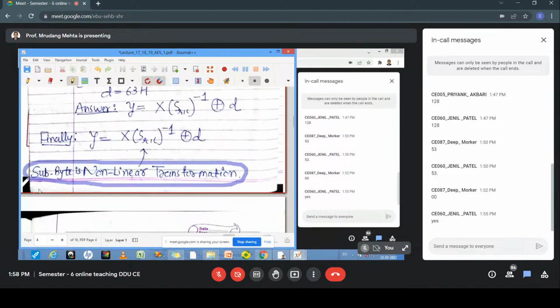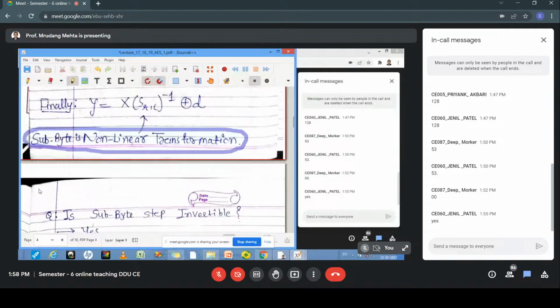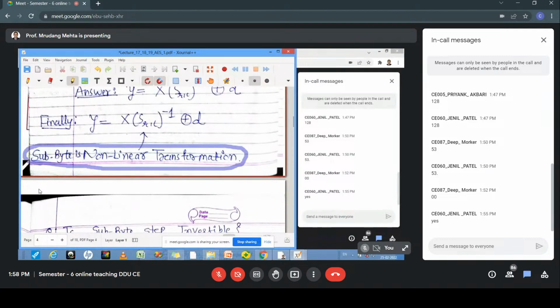So is this non-linear? If we take the first example S00, suppose R equals 0 and C equals 0, suppose X and Y equal 0. What happens? S of 0 XOR 0, and 0 XOR 0 is 0, so our LHS becomes S of 0, 0.